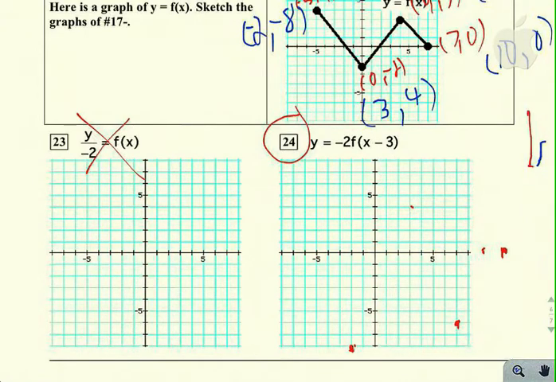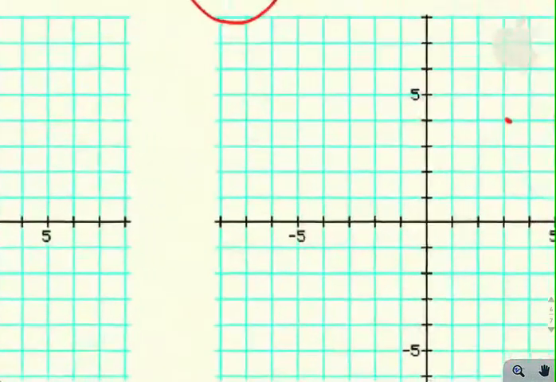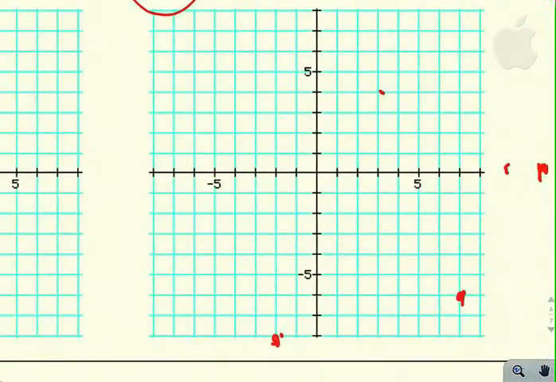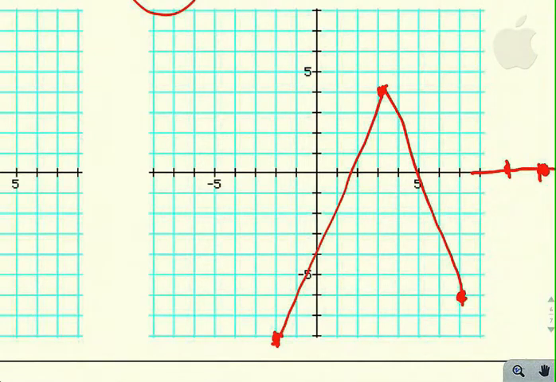Let's magnify this, make it a little easier to see. A little crooked on that last one. There.